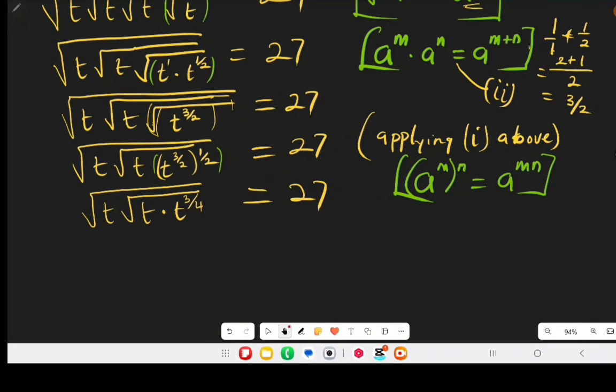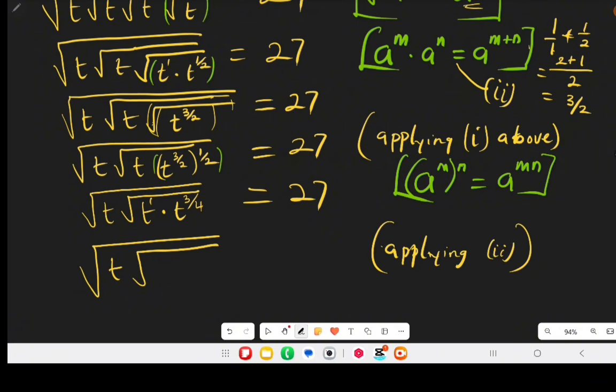We move further. We are having root of t into root of t. Now we apply the multiplication law of indices. We add the powers. When we add the powers, we are having 1 plus 3 over 4, which is the same thing as t raised to the power of 7 all over 4, equals 27.